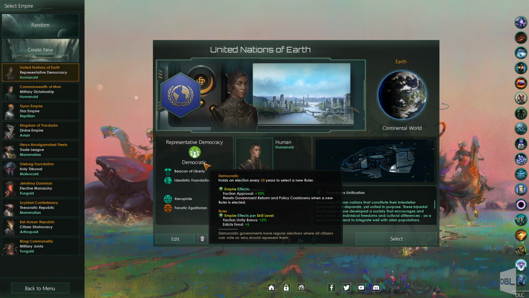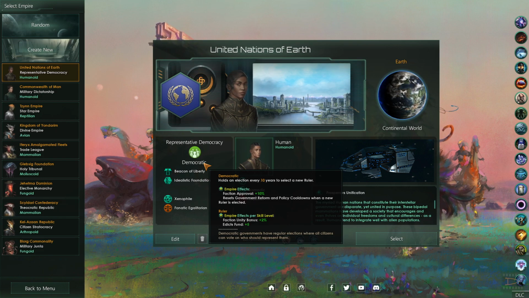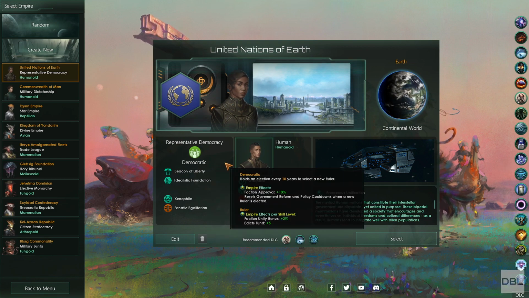Ruler. Empire effects per skill level. Faction unity bonus plus 2%. Edicts fund plus 5. Democratic governments have regular elections where all citizens can vote on who should represent them. Okay.